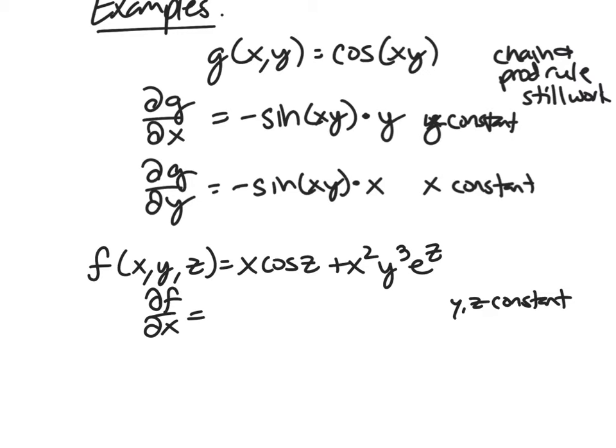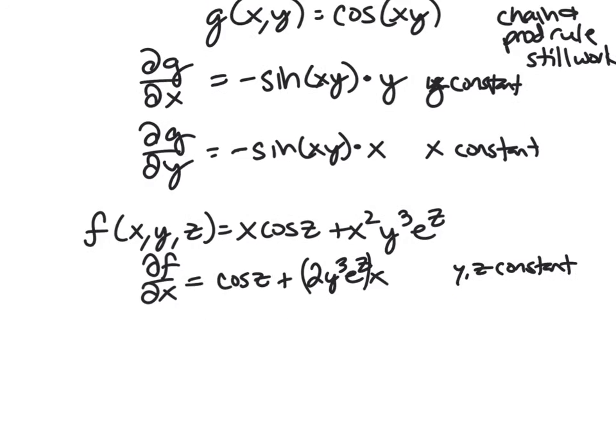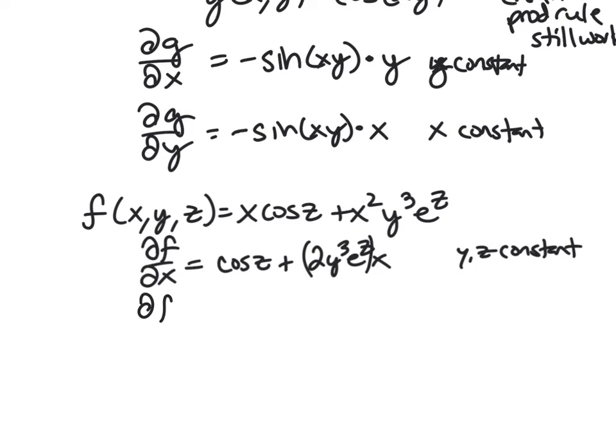Okay, so cosine of z is just a number, so this becomes cosine of z, plus, again, this stuff is all constant, so you get plus 2y cubed e to the z x. This whole guy is a constant. Okay, with respect to y, well, your first term is just a constant, so that goes to 0.